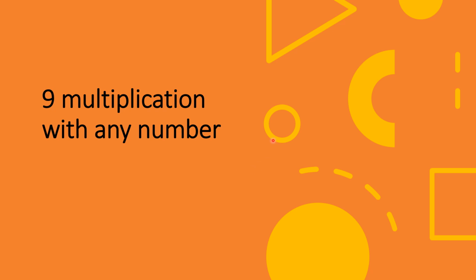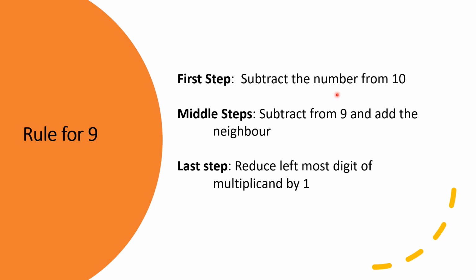Let's see the multiplication of 9 with any number. Here the rule is, for the number 9, the rules are a little different than what we have seen so far. So here the rule has to be applied in 3 steps: first step, middle step, and last step.